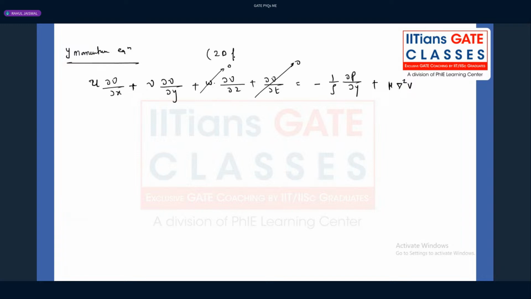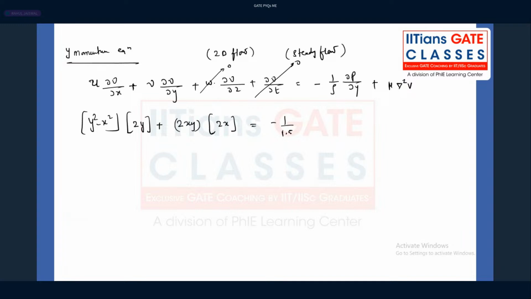It is 0 because of the 2D flow. It's 0 because of steady flow. What is the u? y square minus x square. ∂v/∂x is what, guys? Plus v, what is the ∂v/∂y? ∂P by, again, this is also 0. So here again, if you write down, you are going to get minus 6.